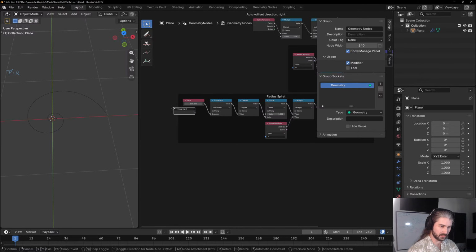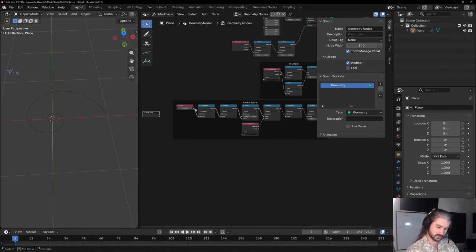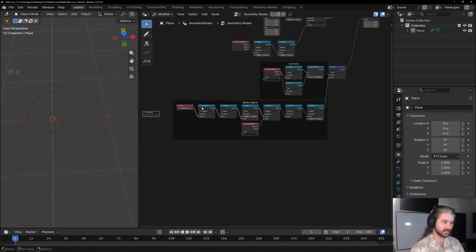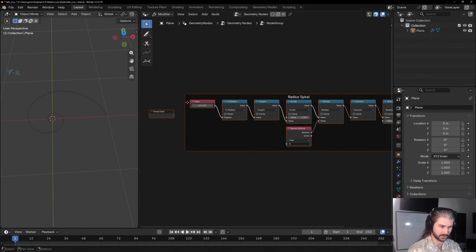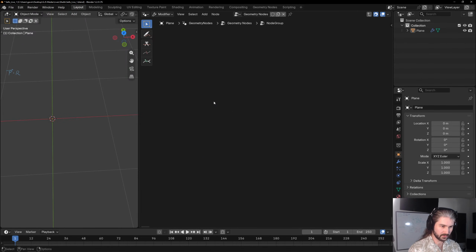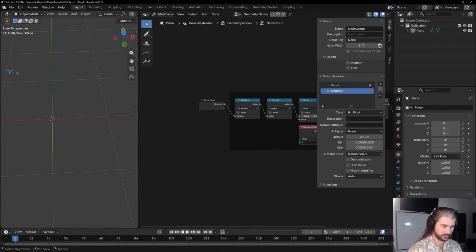So we're going to make a group input node. Actually, I'm just going to take a hot second to organize all of this, because if we don't, it's going to get a little bit complicated. So let's group this. Now we can have this value input be our alpha.